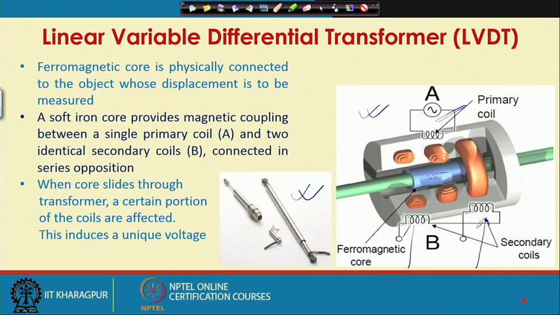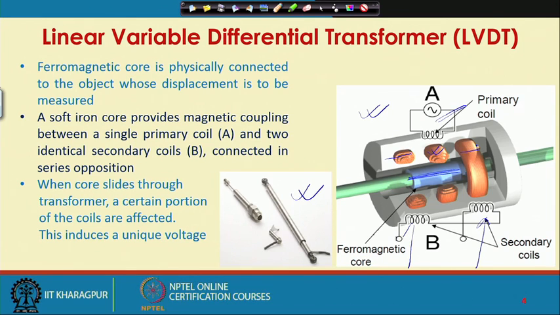You have this soft iron core which provides the coupling between the primary coil and the secondary coils.